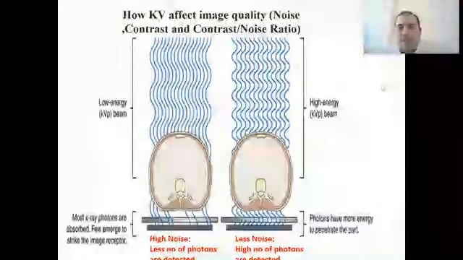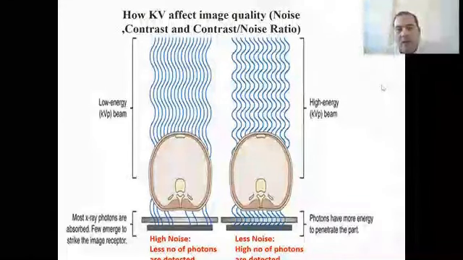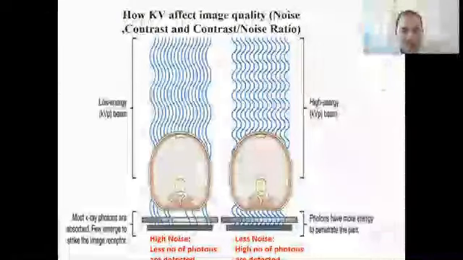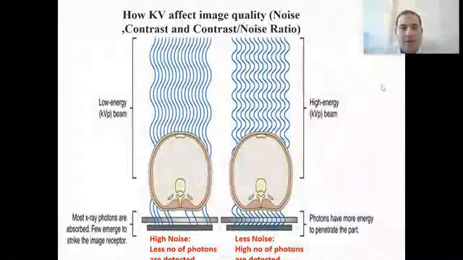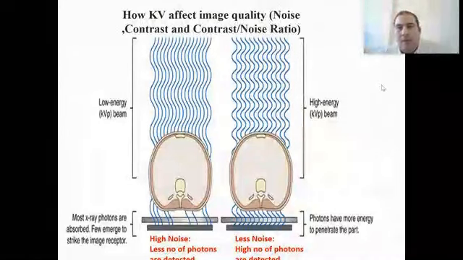You may know that when you increase the kilovolt, the image will appear with better quality, like an enhanced image. This concept is particularly relevant in computed tomography or CT scans, but this is not always true.